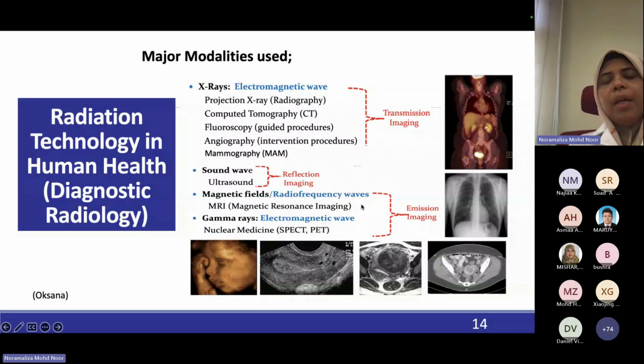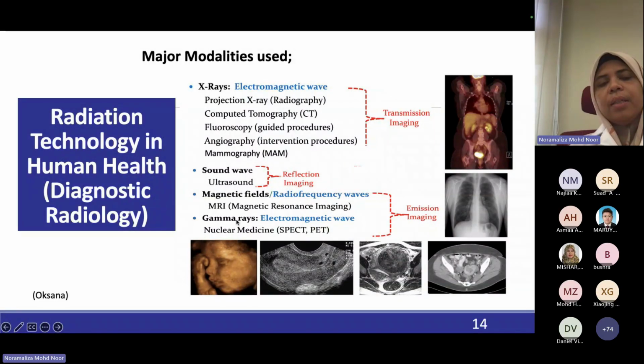Whereas for MRI and gamma ray, we use emission imaging, because the signal is emitted out from the patient's body and reaches the detector to get the image. This is the working principle for emission imaging.